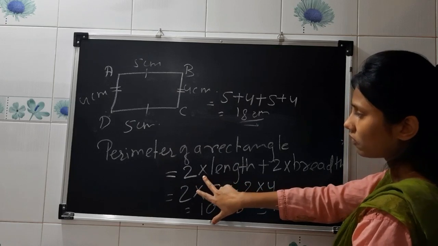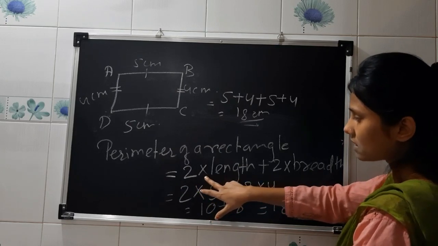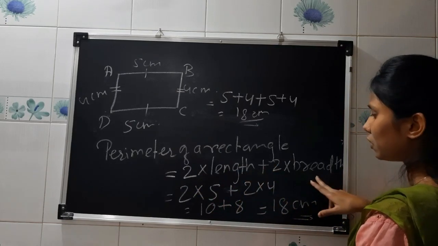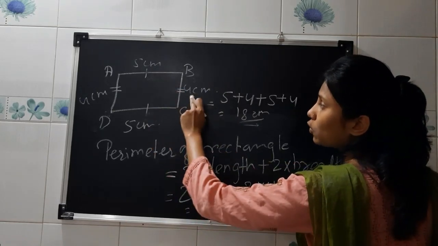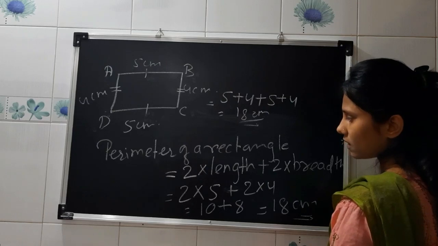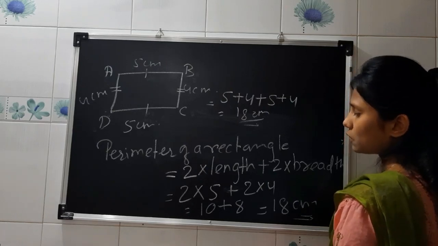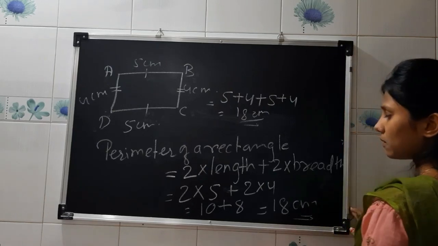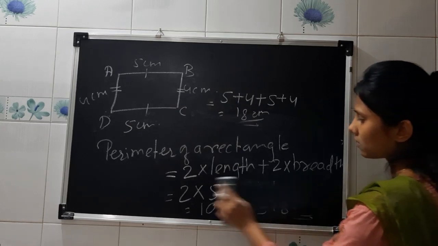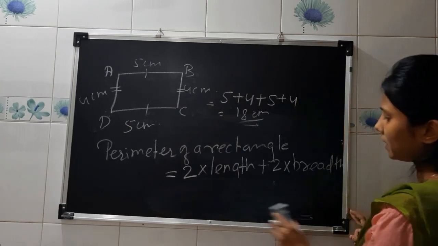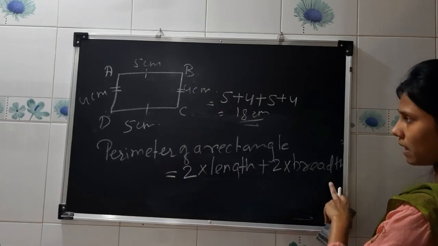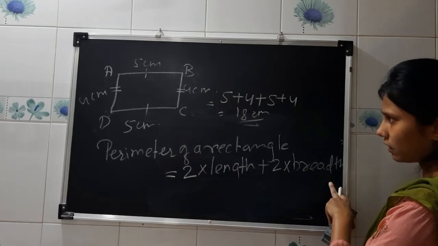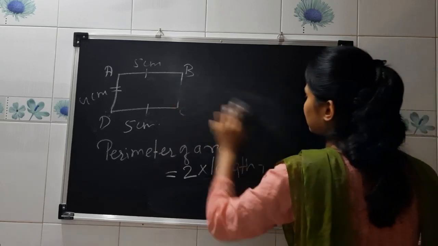The formula for the perimeter of a rectangle is 2 into length plus 2 into breadth, that is 2 times length and 2 times breadth. Next.